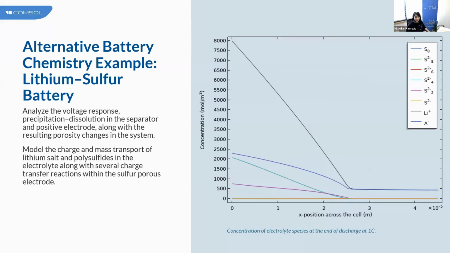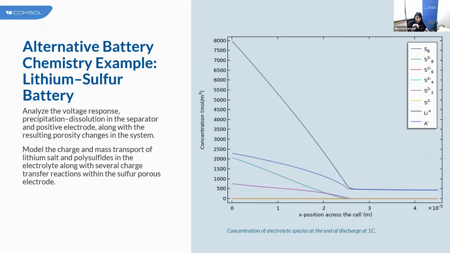This is not a type of information that you can even extract out of any type of experiments you have. It's kind of impossible to know exactly, no matter how non-destructive your experiment is, how much polysulfide exists at any point of your cell, because that's exactly how you can find the root cause of shuttling.